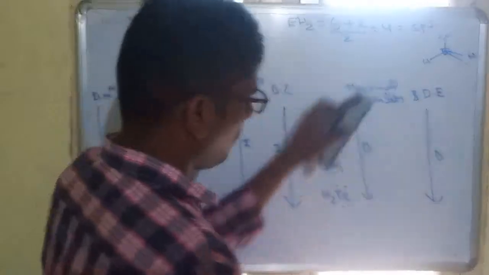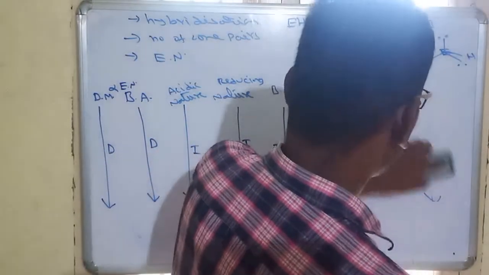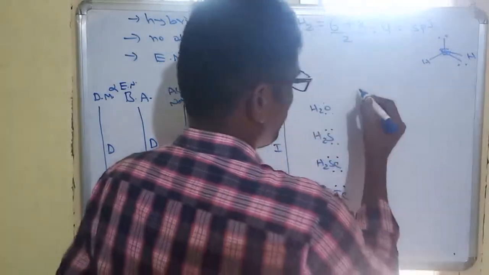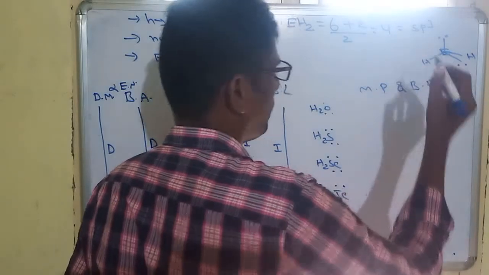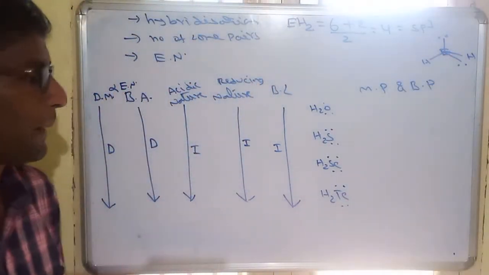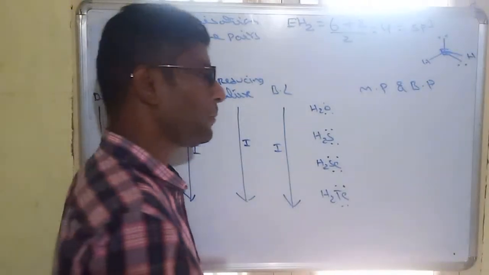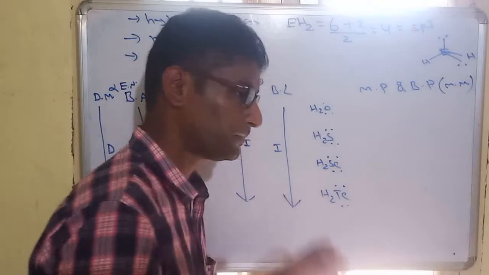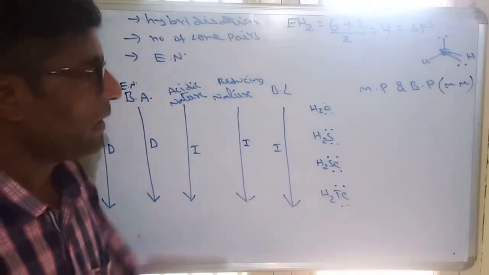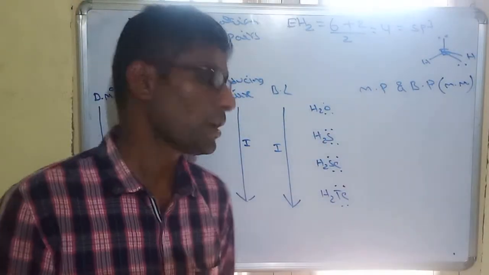Along with these, another two important properties are there: melting point and boiling point. Both depend on molar mass. Melting point and boiling point are directly proportional to molar mass.